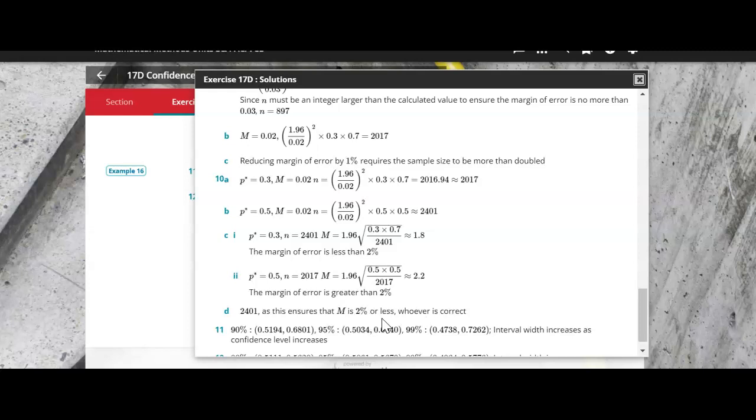M is your margin of error, so you'd probably want less margin of error, sorry. So 2% or less. So you can see when Bill used a larger sample size, he got 1.8, but when he used his original sample size, he got 2. So it's probably better to use a sample size of 2,401. If you use a smaller sample size, your margin of error will be bigger.